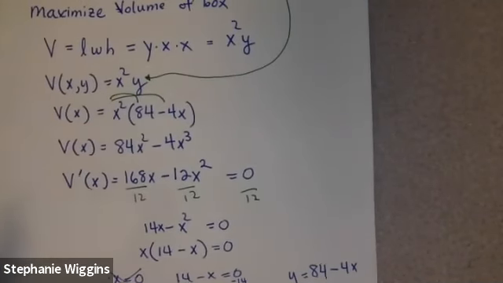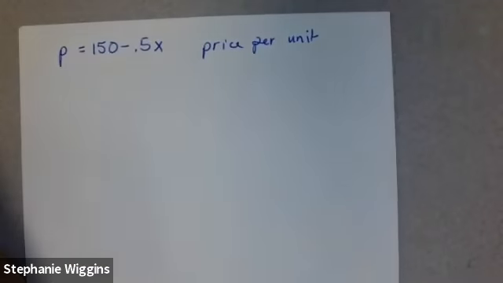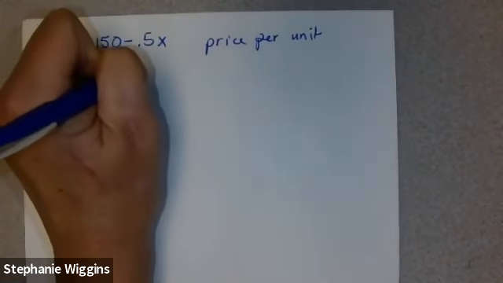Another problem from your textbook involves a company selling suits, okay? To maximize their profits, they found that if they set the price at 150 minus 0.5x, this is the price per unit, they'll maximize their revenue that way, and X is equal to the number of units sold.